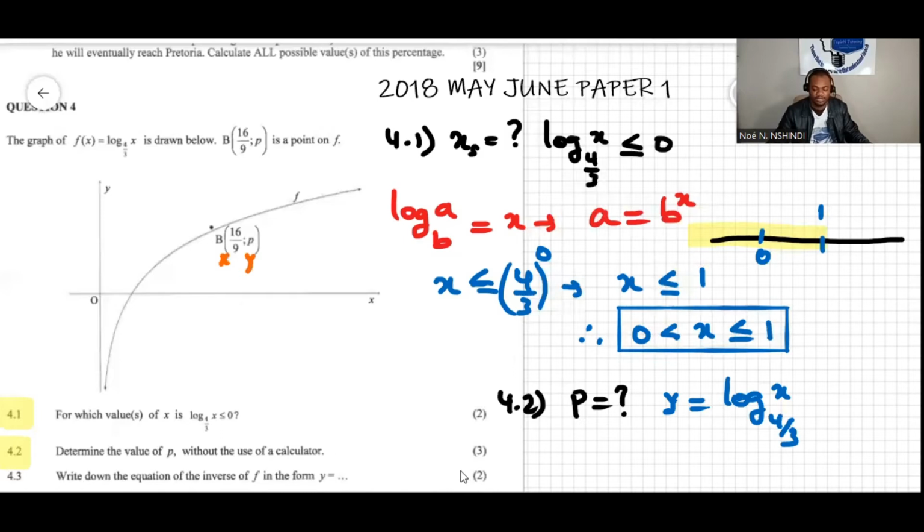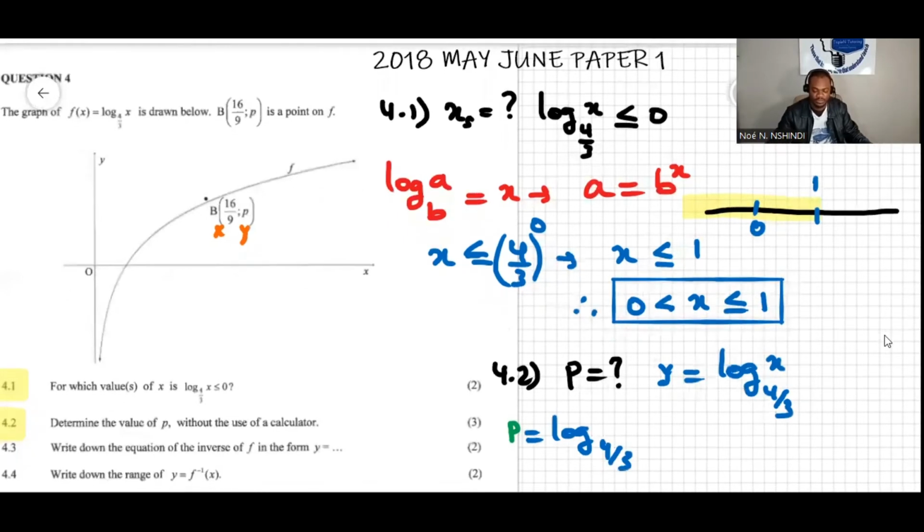Instead of writing y, we can just write p, equal to log of, instead of writing x, we write the value of x, which is 16/9, base 4/3.